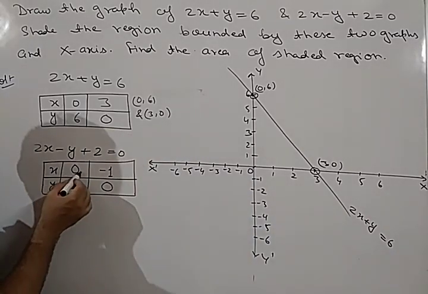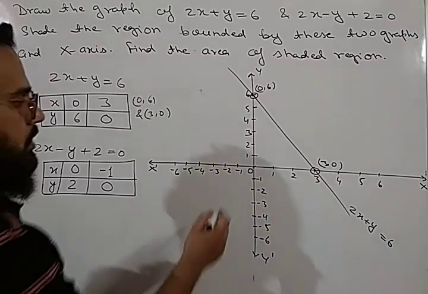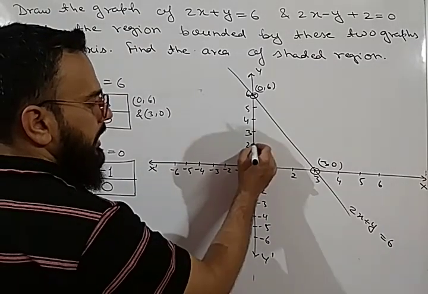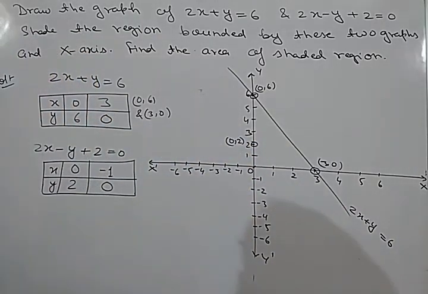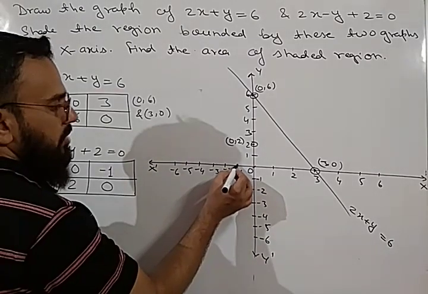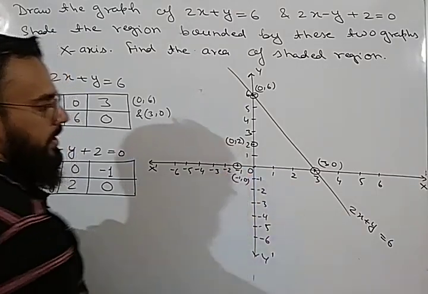Here the coordinates are (0, 2). At x equal to 0, y is 2. So first we have to plot (0, 2). Where will be (0, 2)? This will be the point (0, 2). And the second ordered pair is (minus 1, 0). Where will be (minus 1, 0)? This is minus 1 on this axis, so this is the point (minus 1, 0).